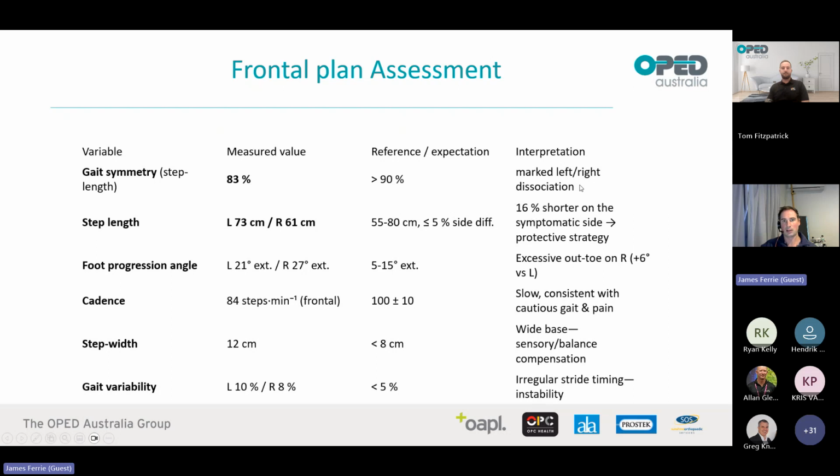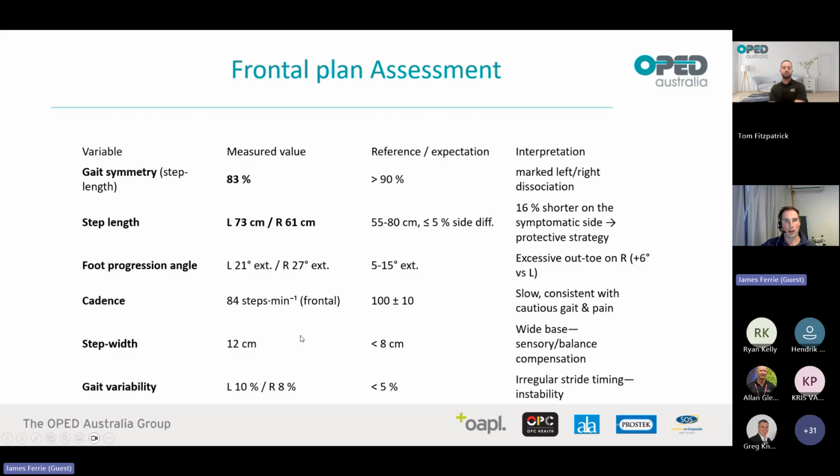So we've got some protective strategies going on there in terms of avoidance of using, effectively he's injured his knee and his hip, so he doesn't have full range of motion through there. Again, we got excessive out-toeing. His cadence is also slow, consistent with that bit of a cautious antalgic gait.